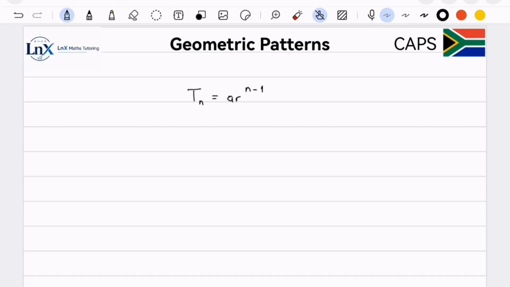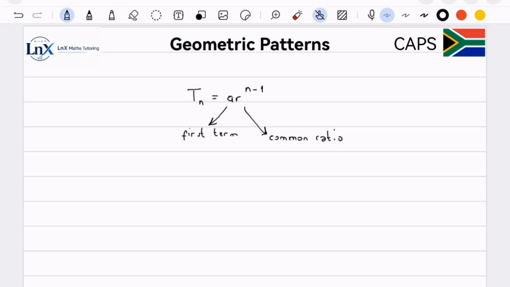And what we know is that A is our first term, and then R is what we know as the common ratio or constant ratio.